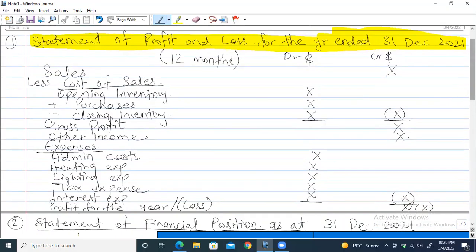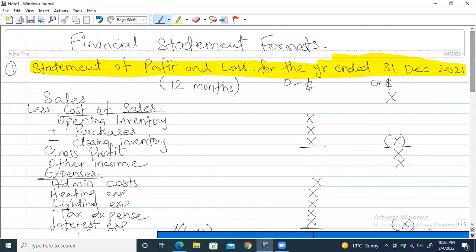Please note, this is not consolidation. Right now we have not started consolidation. This is just the financial statement format for normal companies, operating just as one. This is for the sole traders and for normal companies.